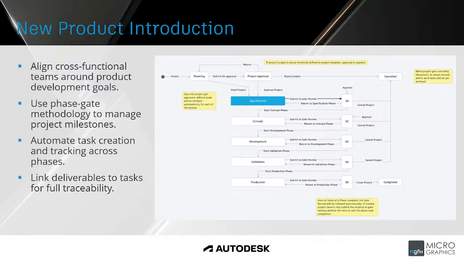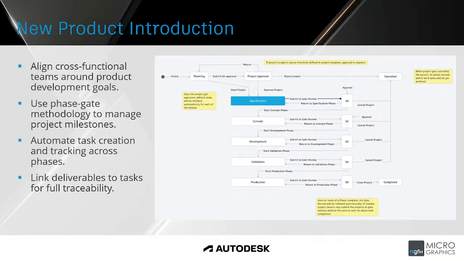Now, talking about new product introduction, or NPI, these NPI capabilities are designed to streamline the entire product development process. Projects bring together stakeholders from engineering, marketing, quality, and supply chain into a single coordinated workflow. Projects are structured using a phase gate approach, where each phase represents a key milestone in the product lifecycle.